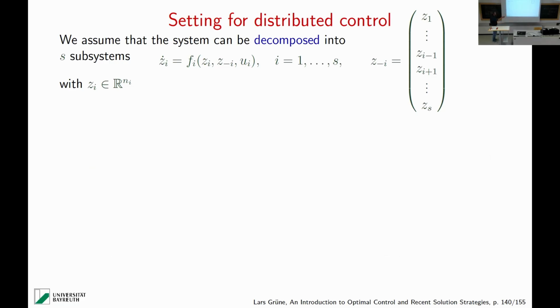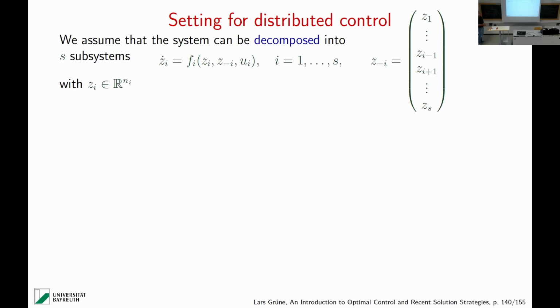So Zi is the state vector of the i-th subsystem, and the vector field that determines it depends on Zi itself and on Z minus i, which is all the rest. And each subsystem has its own control input. That's important for the structure.